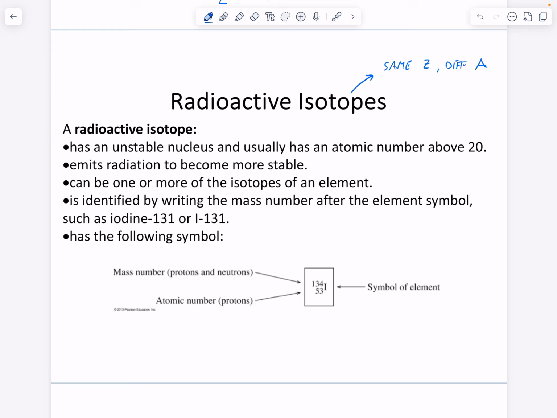By being the same Z, it means that they are the same element. So isotopes are the same element, but they have different A.